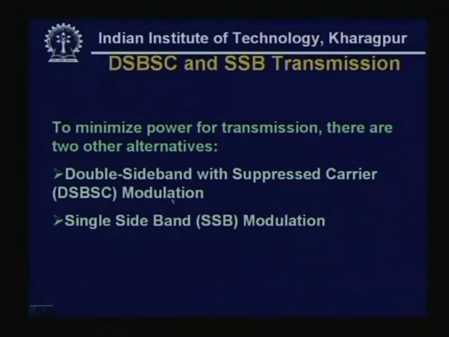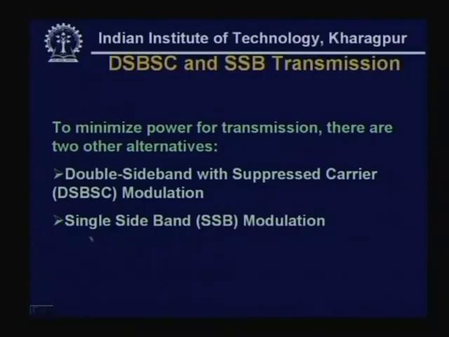So, that has led to what is known as double sideband with suppressed carrier modulation. Transmission is possible by suppressing the carrier and sending only the two sidebands. Another alternative is you can send one of the two sidebands. So, the original signal can be theoretically recovered.